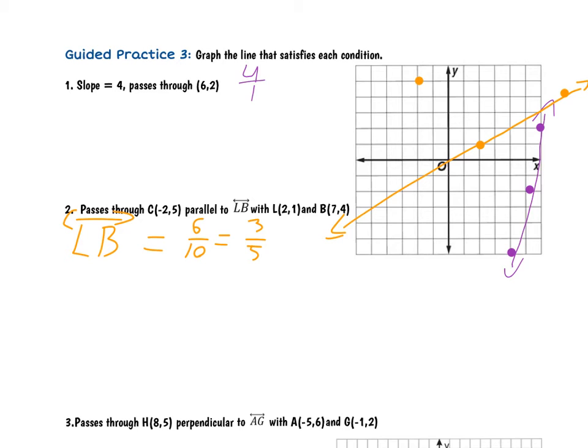We want to go 3 units up, 5 units over, but that's going to put us off screen in either direction. So we can't exactly graph that line on our coordinate grid, as the point after it is going to be off our grid, and the point below it is going to be off our grid. But if we had a big enough graph paper, as long as we had a slope of 3/5, we would be able to graph it out.